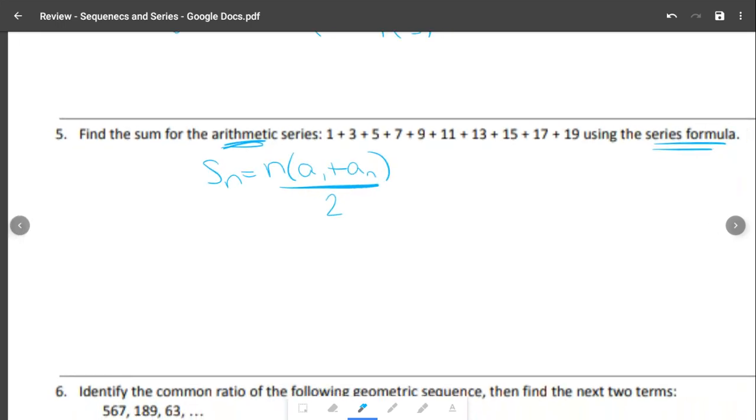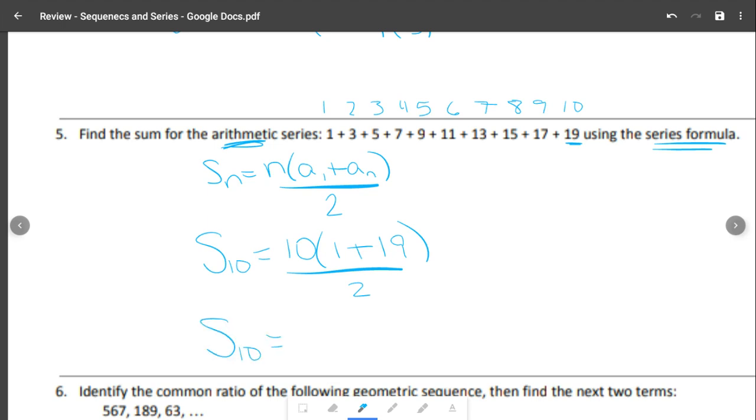N is how many things we are adding together. So we have 1, 2, 3, 4, 5, 6, 7, 8, 9, 10 numbers that we're adding together. So n is 10. A1 is 1. An, that is the term in that last spot, the 10th spot. So that would be the 19 for this, divided by 2.